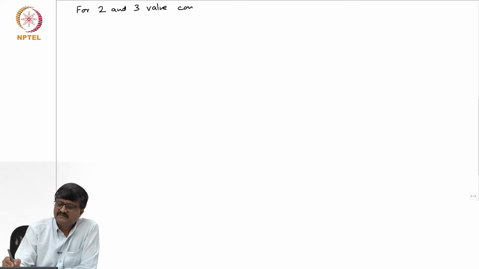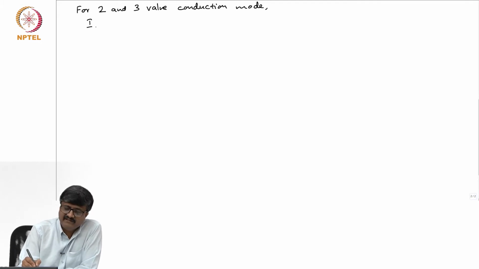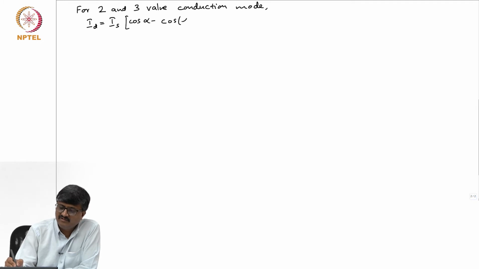For 2 and 3 valve conduction mode, we got an equation relating ID, IS, alpha, and U: ID is equal to IS into (cos alpha minus cos (alpha plus U)).